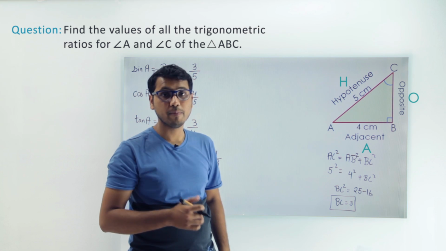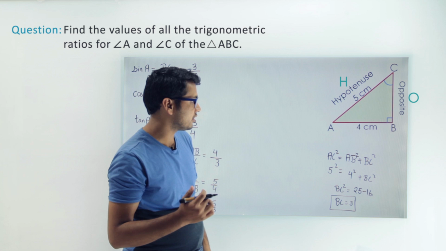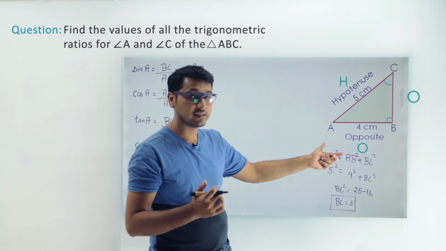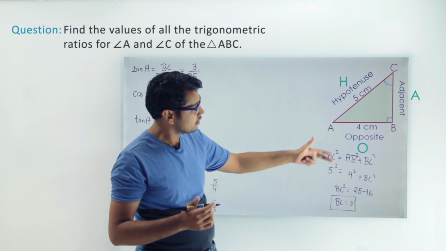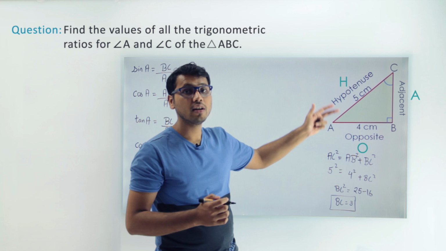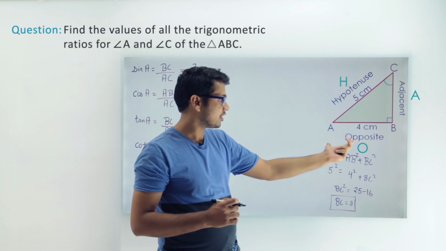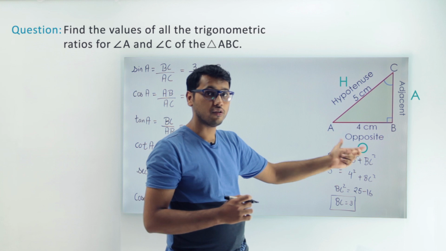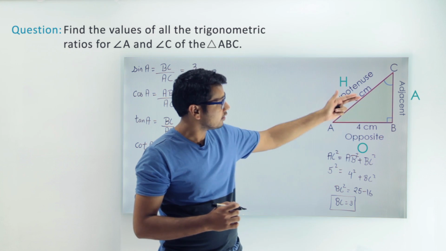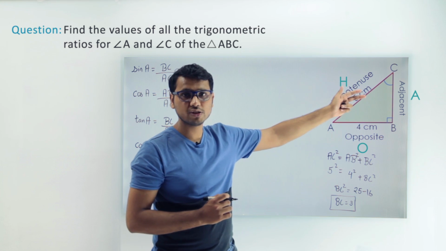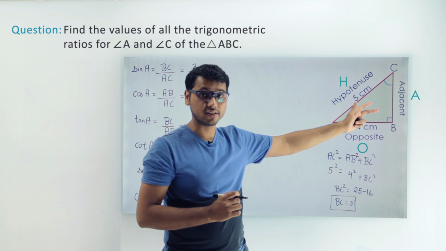Now AB will become our opposite, and BC will be our adjacent. So we have changed these two. This was adjacent before, now it is opposite, and BC was opposite before, now it is adjacent.